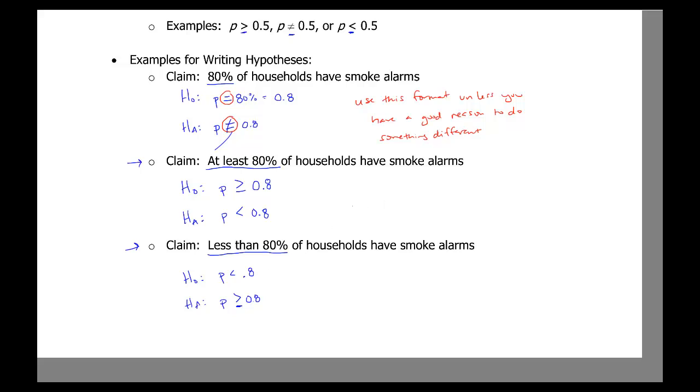And again, both of these, don't use this format unless you have a good reason to. So stick to having the equal sign in the null hypothesis and then not equal to, less than, or greater than in the alternative hypothesis.